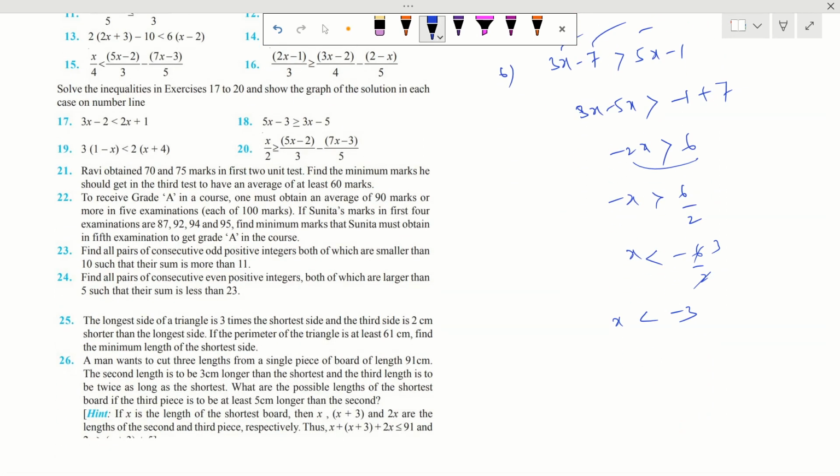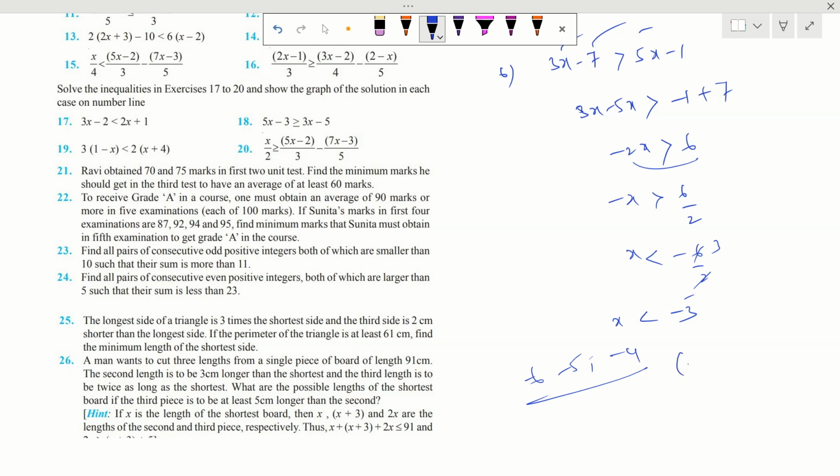all negative numbers, suppose here minus 4, minus 5, and minus 6. So all negative numbers which are less than minus 3 will satisfy this inequality, right?